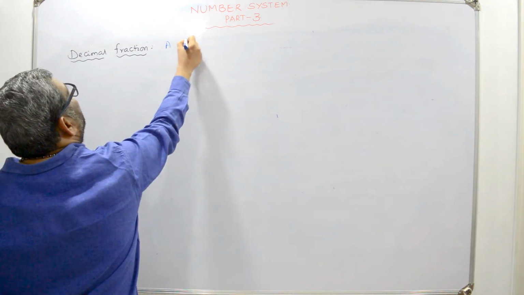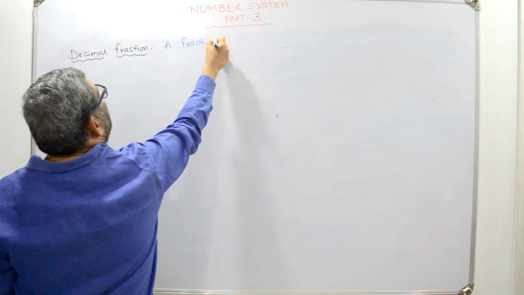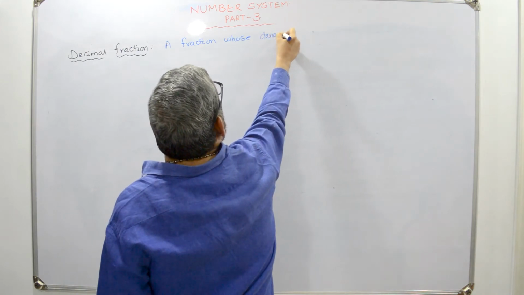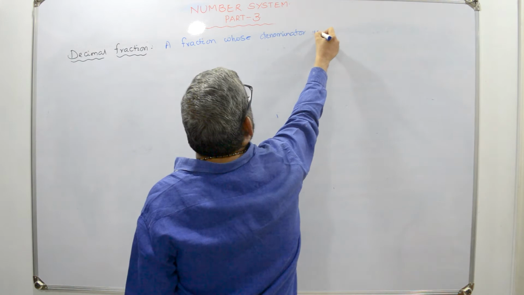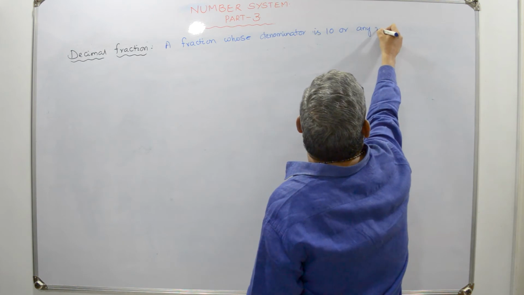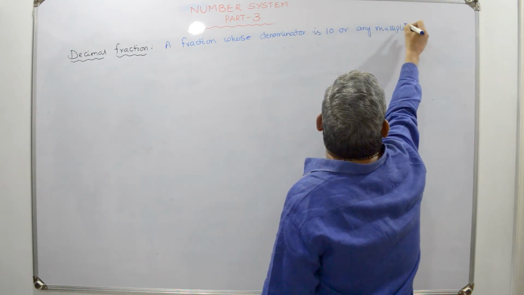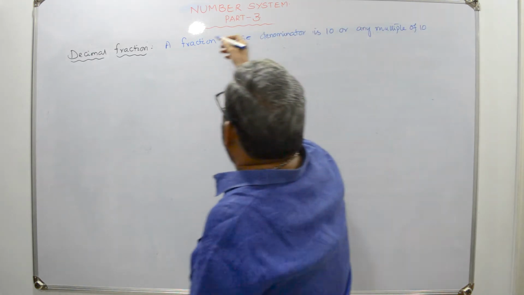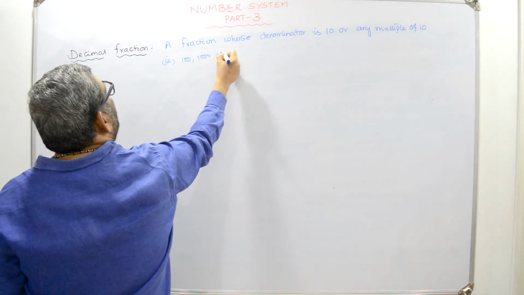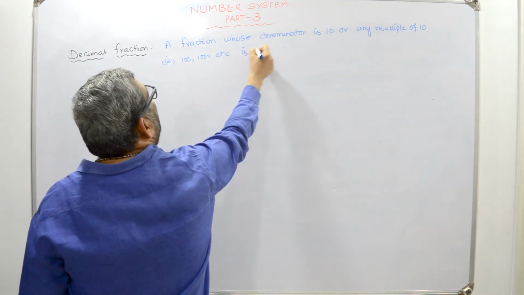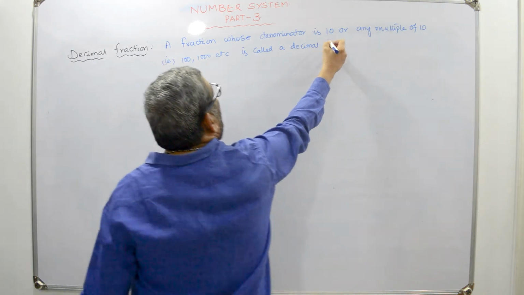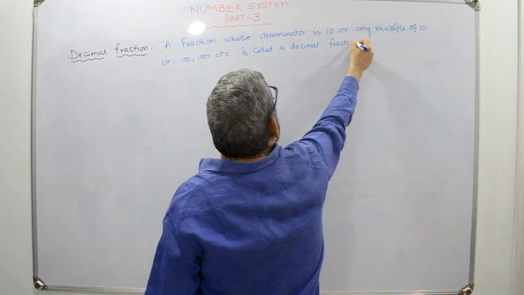A fraction whose denominator is 10 or any multiple of 10, that is 100, 1000, etc., is called a decimal fraction.